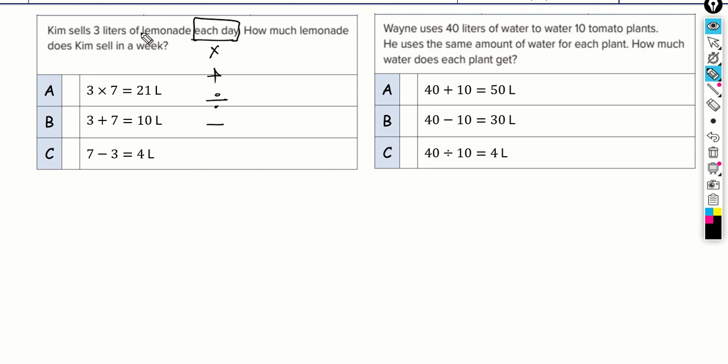So 3 liters of lemonade each day. How much lemonade does Kim sell in a week? How many days in a week? 7 days. So it is 3 times 7, right? Liters, so L.